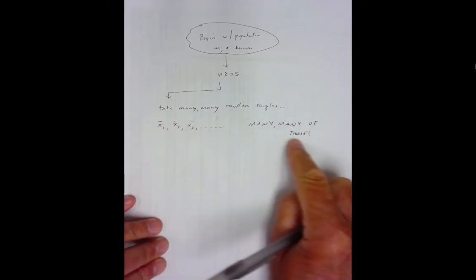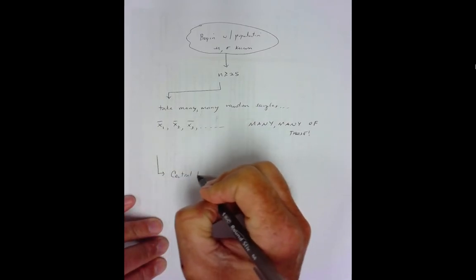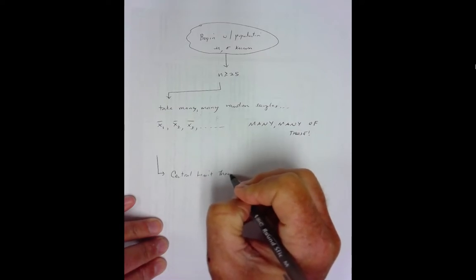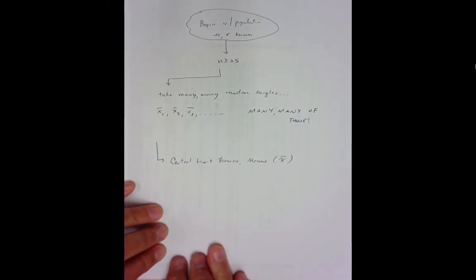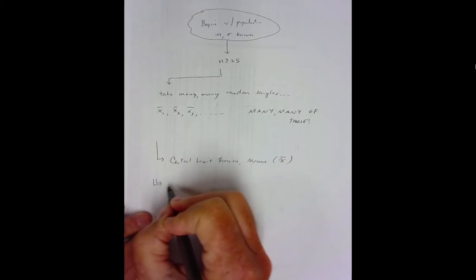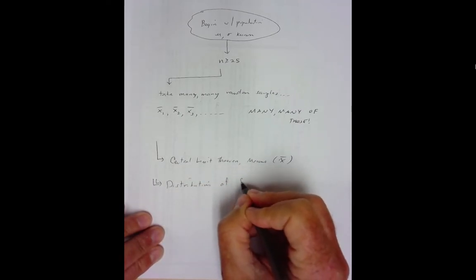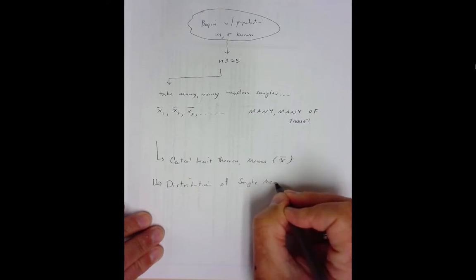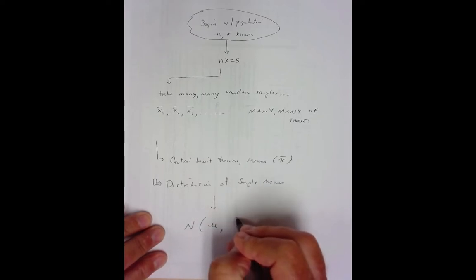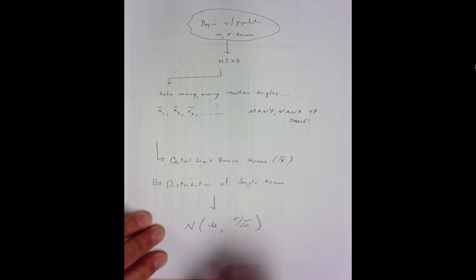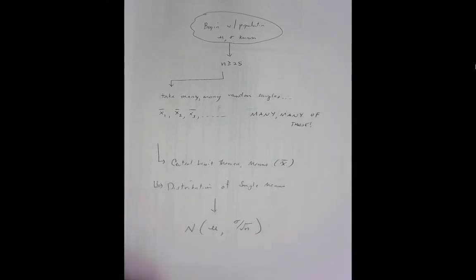You got the distribution of sample means. The central limit theorem for means x bar tells us that the distribution of sample means will follow a normal distribution with a mean of mu and a standard deviation of sigma divided by the square root of n. That's what the distribution of sample means tells us.